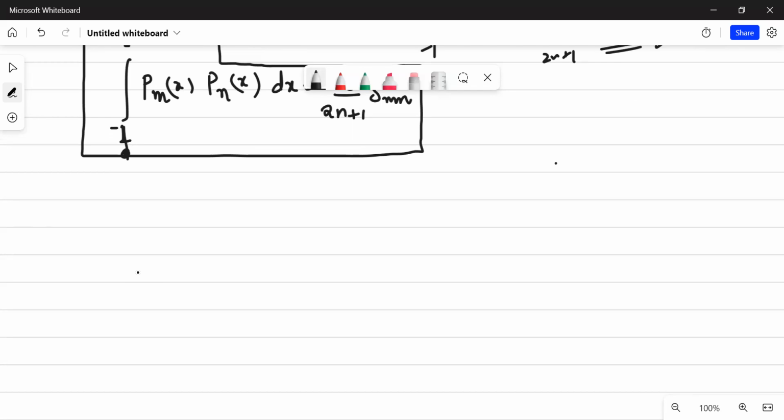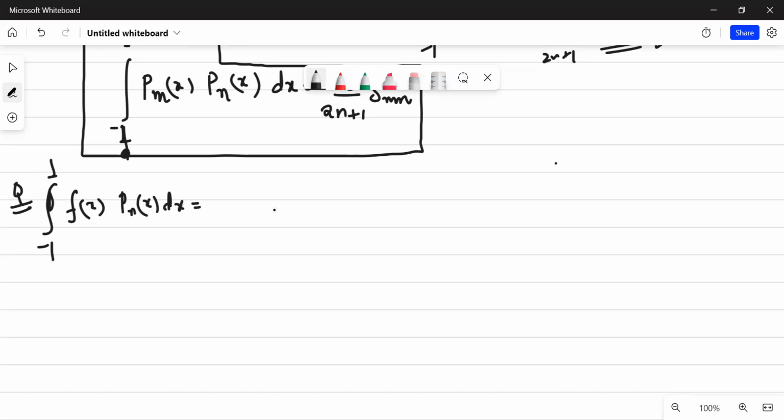So let us try to find what will be the integration from -1 to 1 of f(x) Pn(x) dx. You can take it as a question or write it as a property, whichever way suits you.